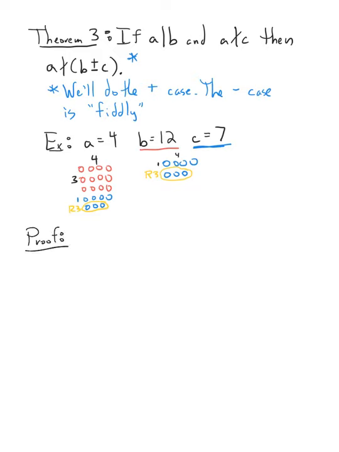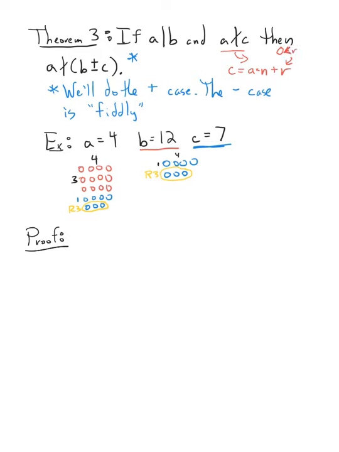So pause the video now. See if you can write down a good proof of this. Remember, I do want to stress one thing as a little hint. Remember that if A doesn't divide C, that means C equals A times some number n plus a remainder. And your remainder can't be 0 actually, because it doesn't divide.